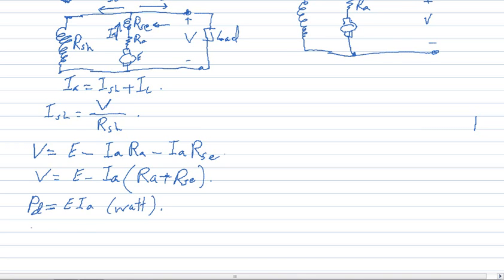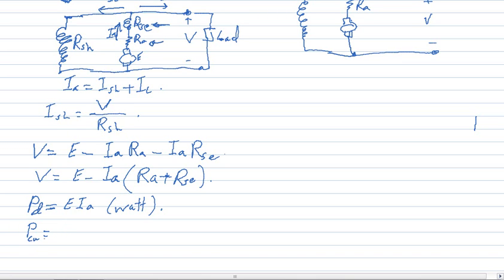Then there will be a power loss, P copper loss, on the armature. So there will be a copper loss on the armature resistance, a copper loss in the series resistance, and a copper loss on the shunt resistance.